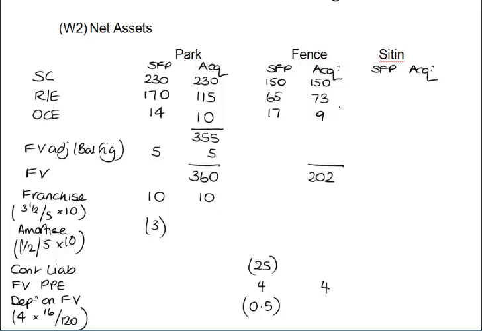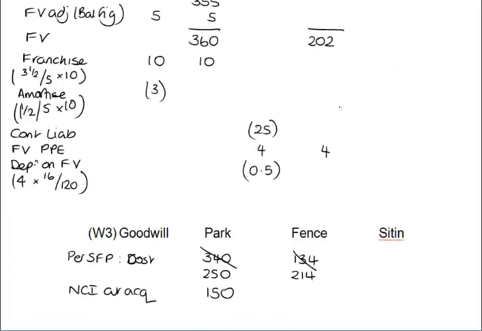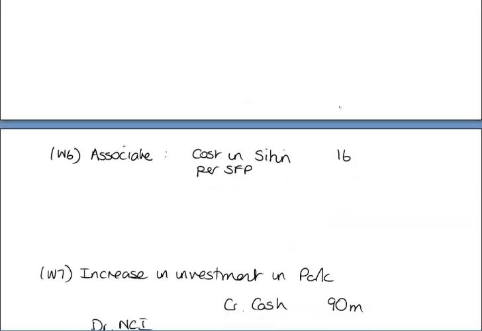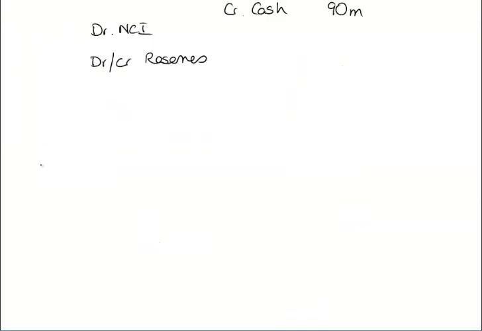On the 30th of November X9, Grange disposed of 25% of its equity interest in Fence to the NCI for consideration of 80 million. So what I'm going to have to do here is to have a little note, disposal of Fence.